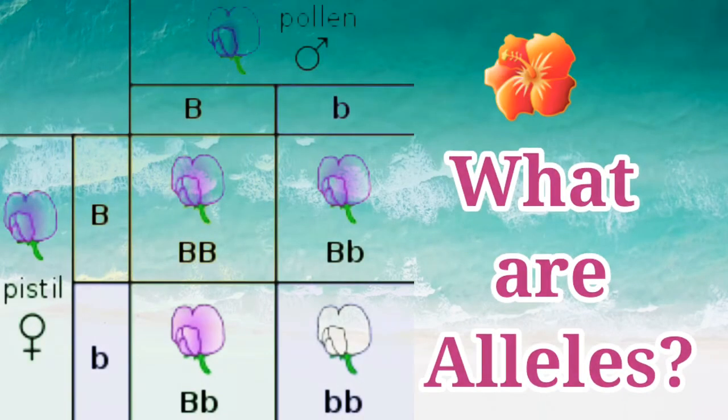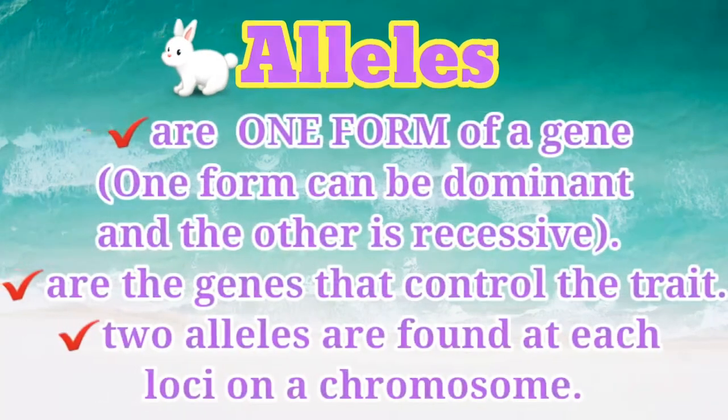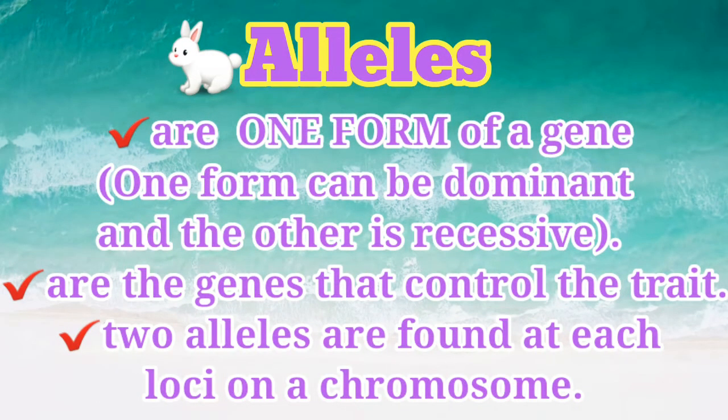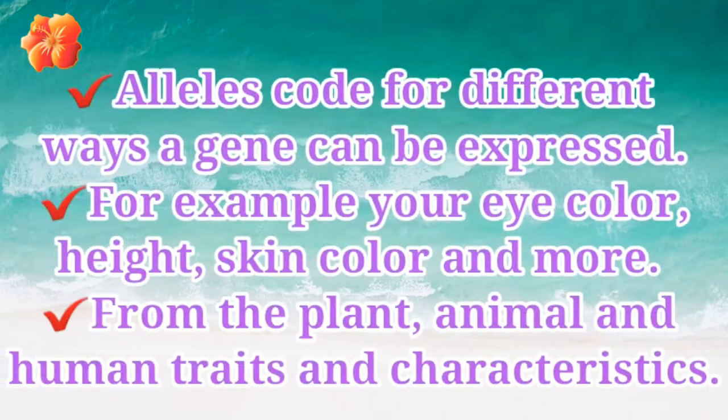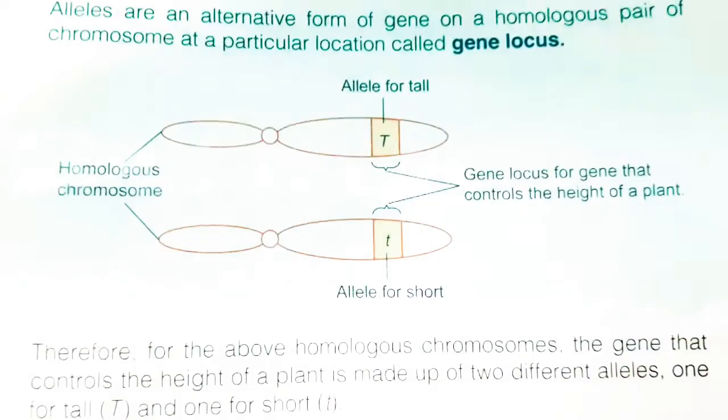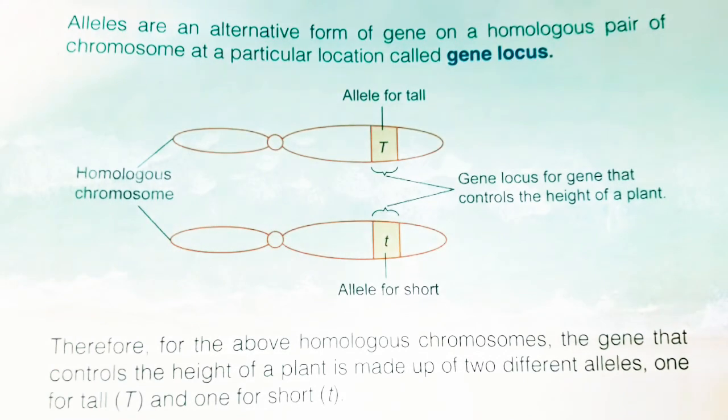What are alleles? Alleles are one form of a gene. One form can be dominant and the other is recessive. These are genes that control the trait. Two alleles are found at each loci on a chromosome. Remember that alleles are an alternative form of a gene on a homologous pair of chromosomes at a particular location called gene locus.